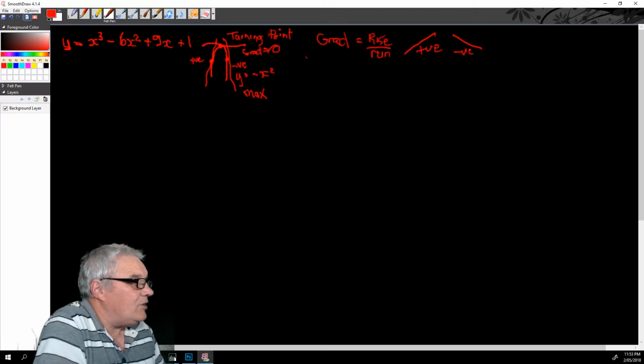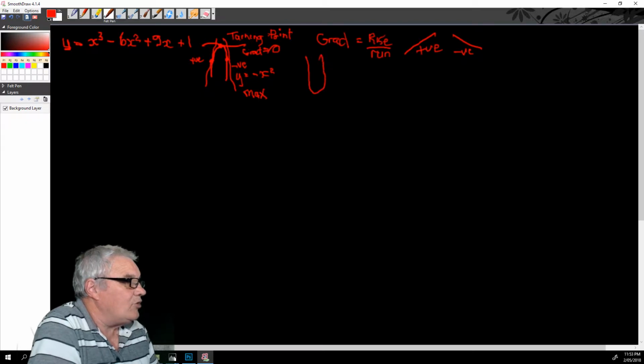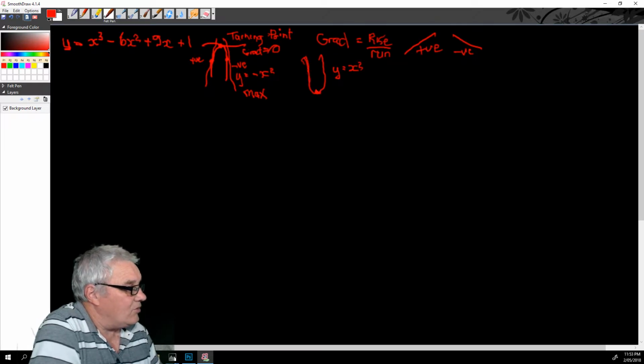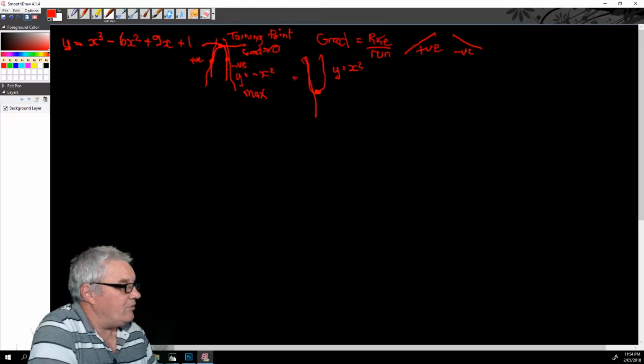And if we look at the alternative one here, which is y equals x squared, this parabola here, there's the turning point there, and you can see that the gradient down that side will be decreasing, so negative. And the gradient on this side here will be positive, at say a point there and a point there.